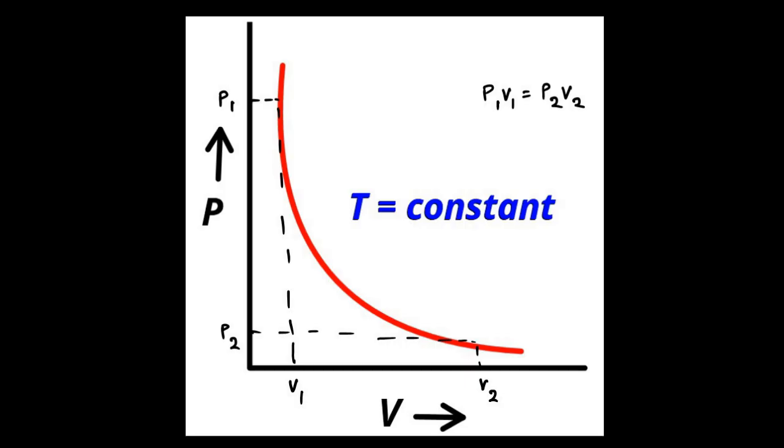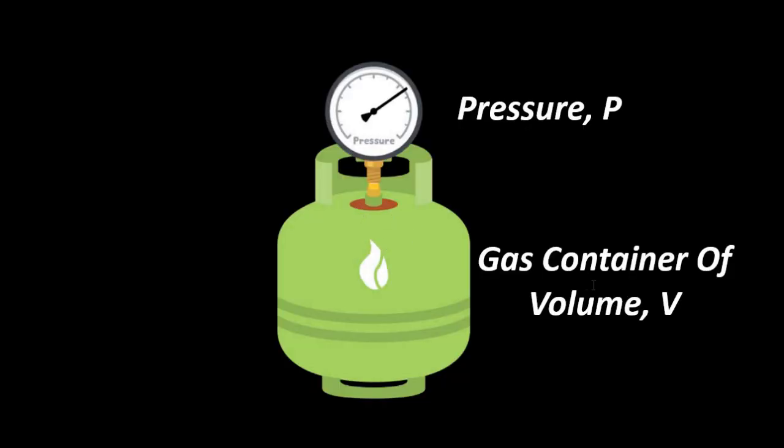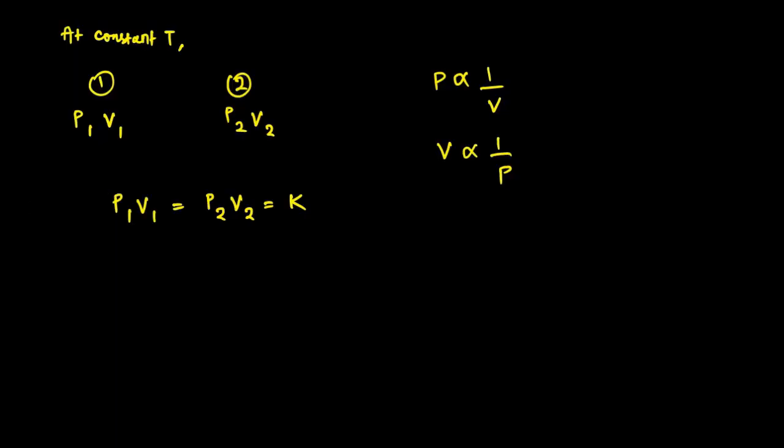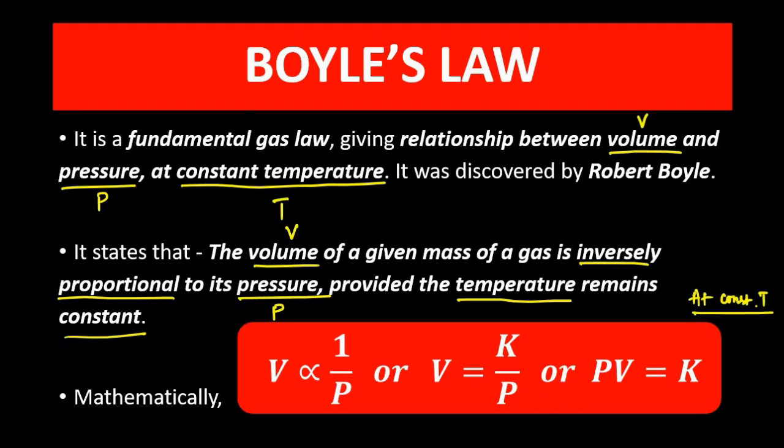So here we have the pressure of a gas and the volume, and this relationship: volume is inversely proportional to pressure, or pressure is inversely proportional to volume. The product of pressure and volume at constant temperature is always constant, equal to the proportionality constant.